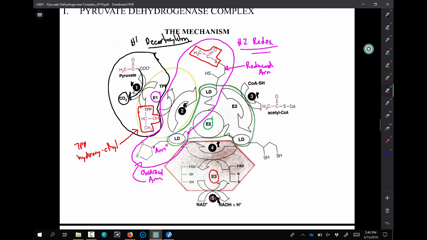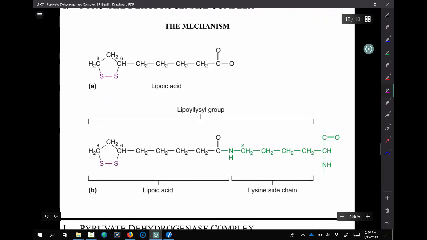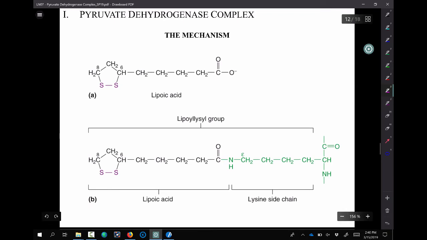And this is not unprecedented. There are other enzymes that have these arms that reach into things and then carry things to other subunits. In fact, we looked at pyruvate carboxylase that makes OAA. That has an arm that has biotin attached to it. Okay. So anyway, let's go ahead and look at this arm. So this is lipoic acid. Okay, actually, this is not lipoic acid.